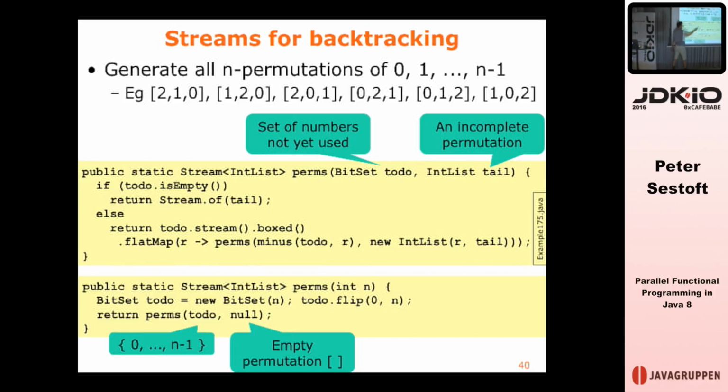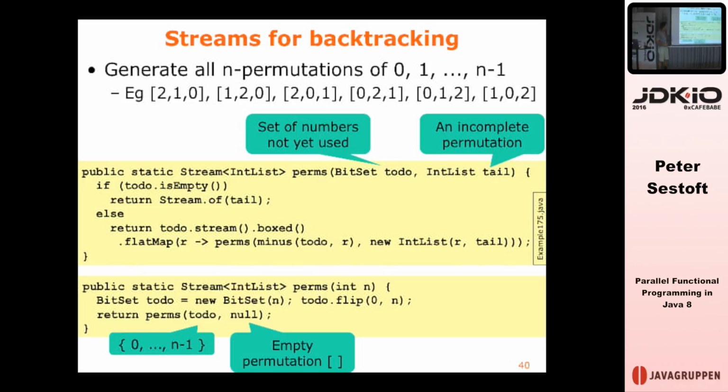It means that for every element in this set of remaining work, we call the permutations function recursively now on a set where we have removed the element r and only that, and then on a new partial permutation where we have added the element r to the partial permutation. Each of these calls will produce a new stream of int list, and the flat map will create a stream of streams of int list and then flatten that to a stream of int list.